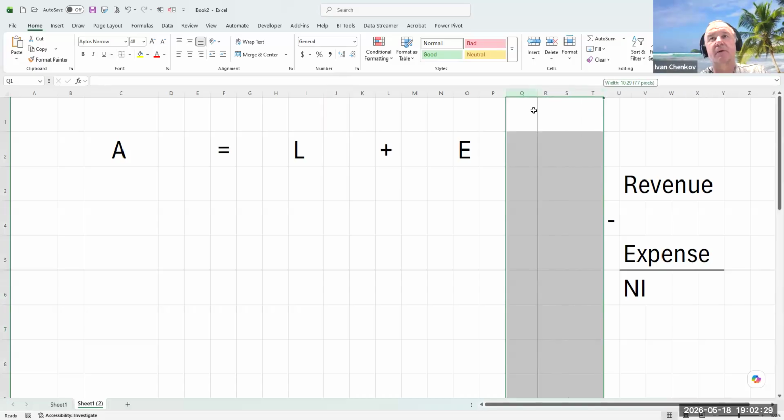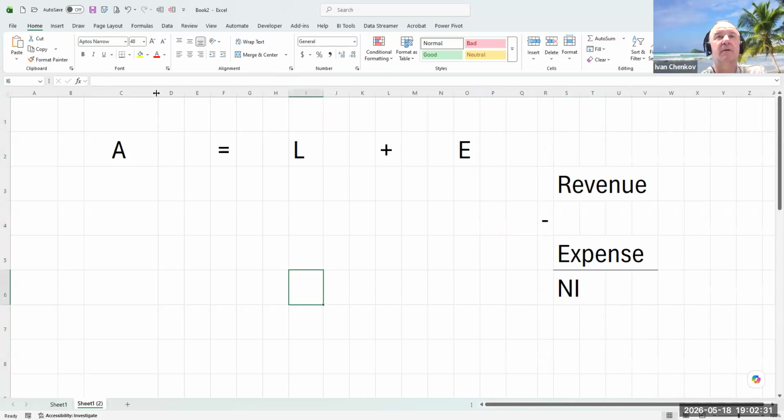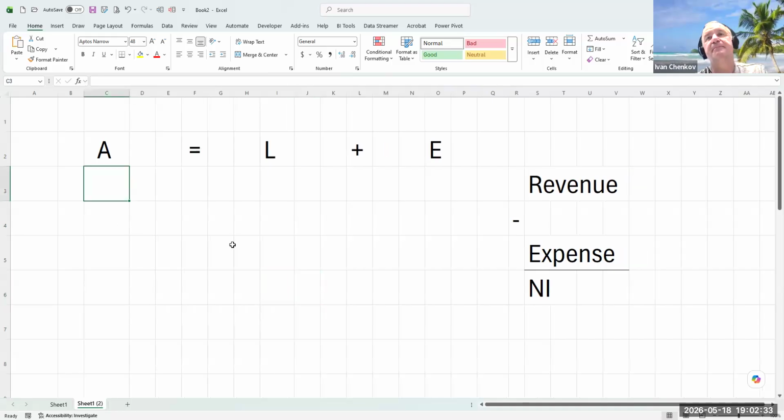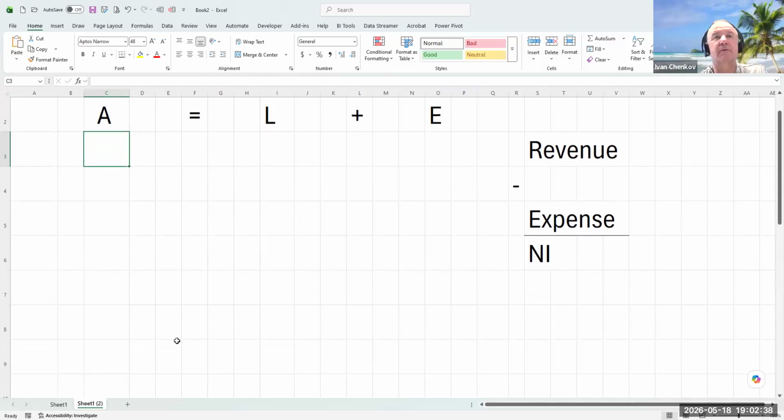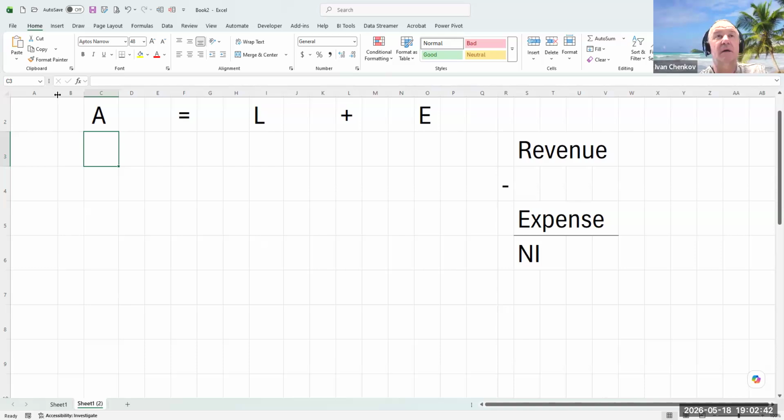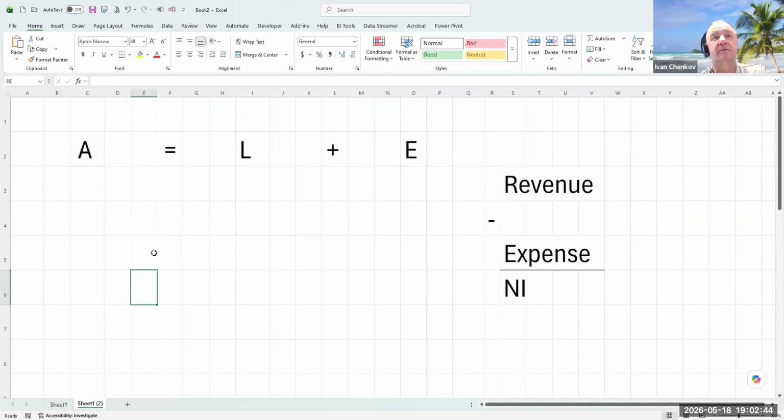Once we have the accounting equation, then we can think about the other things. So, in order to make it easy for us, we're going to set up T accounts. What's a T account? A T account looks something like this.